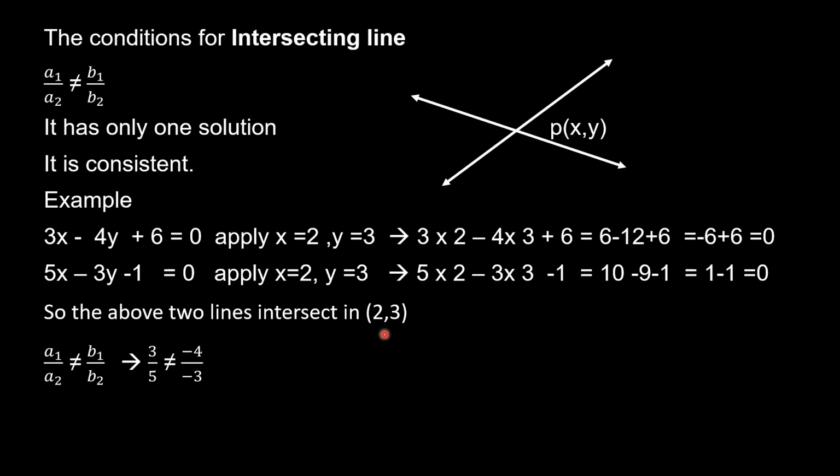So this is the solution for these two equations, and these two lines are intersecting at the point (2, 3). Now going to the next one, this is very important. a1 by a2 is not equal to b1 by b2, then it is an intersecting line. Now going to the next one.